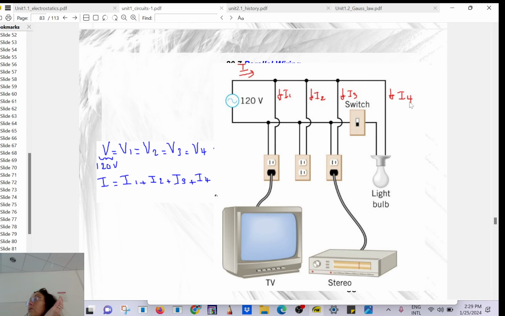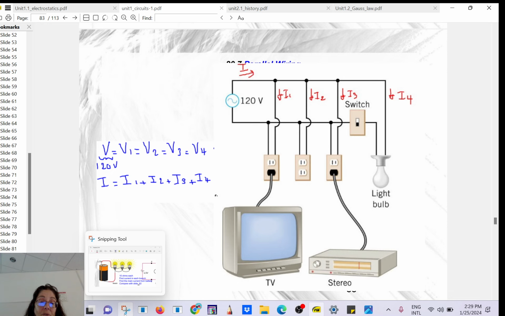As you increase the number of loads, you increase the current that you are draining until you reach the maximum. Then you could start a fire because of the heating effect, so the fuse will open.